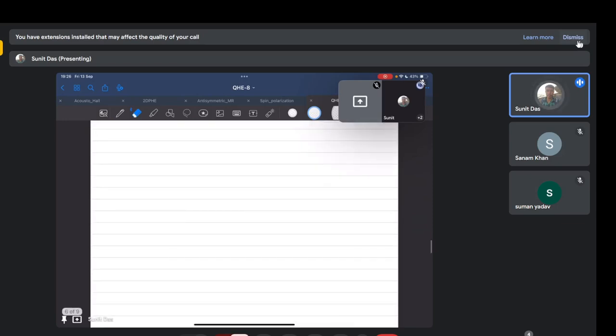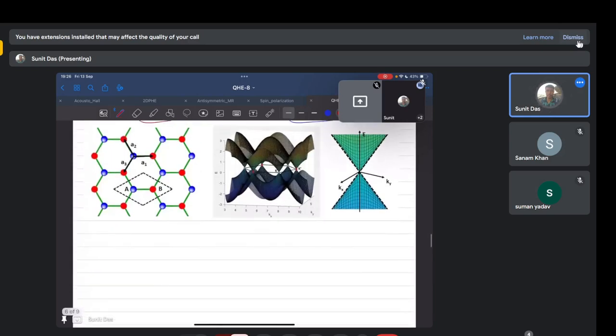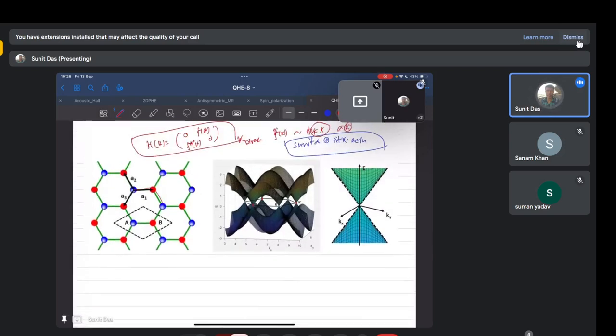Okay, so let's start with graphene again. Graphene has this kind of honeycomb structure, right? And we have these three nearest neighbor vectors. Their notations are a little bit different.